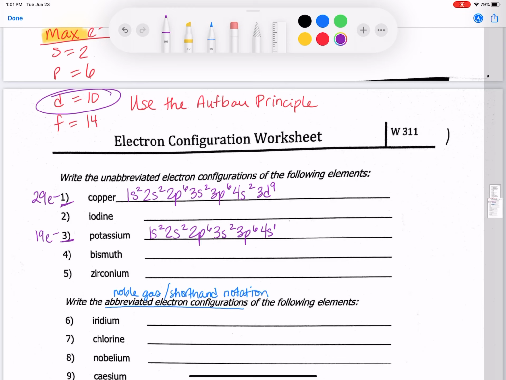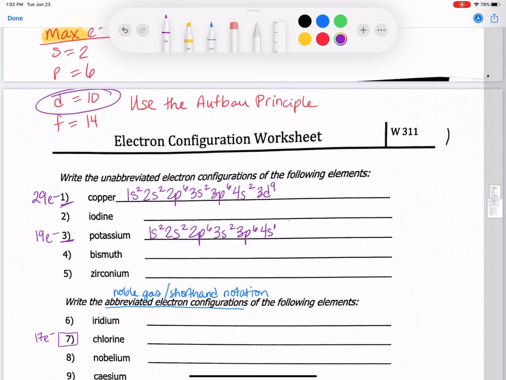I'm going to go ahead and look at my noble gas configuration for chlorine. And so chlorine on your periodic table, this is number 17. So that means chlorine will always have 17 electrons unless you're looking at chlorine as an ion, which in this case we're not.